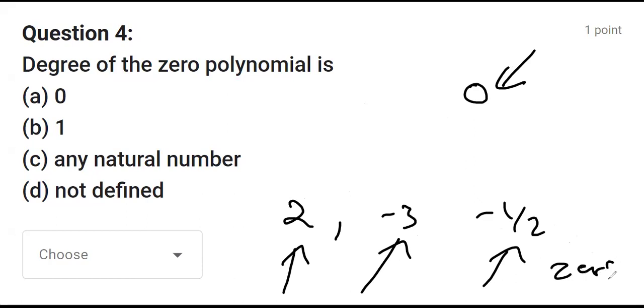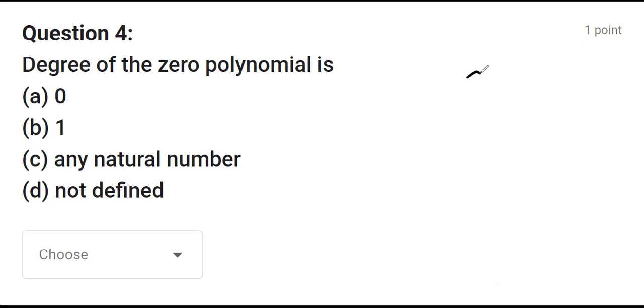The degree of a constant polynomial is 0, but the degree of a 0 polynomial is not defined, right? Many of you take 0 as a constant. 0 is not a constant in terms of polynomial. It is a 0 polynomial, and a 0 polynomial has the degree as not defined. We say that the degree of a 0 polynomial is not defined.